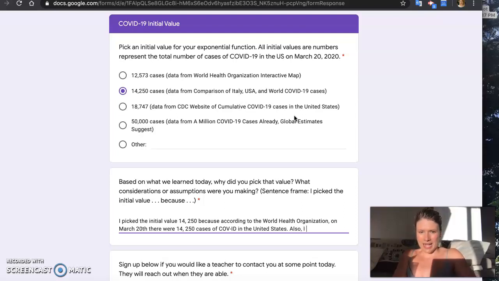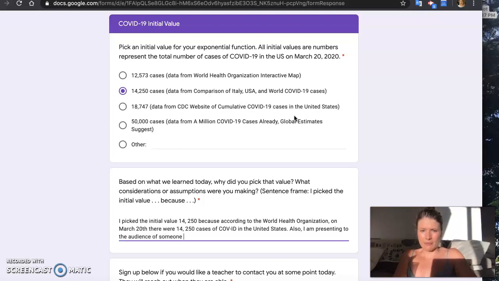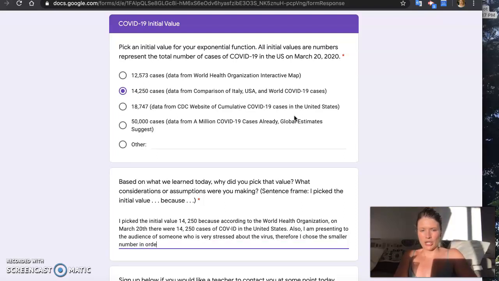Also, I am presenting to the audience of someone who is very stressed about the virus. Therefore, I chose the smaller number in order to create a model, let's see, how can I put this?